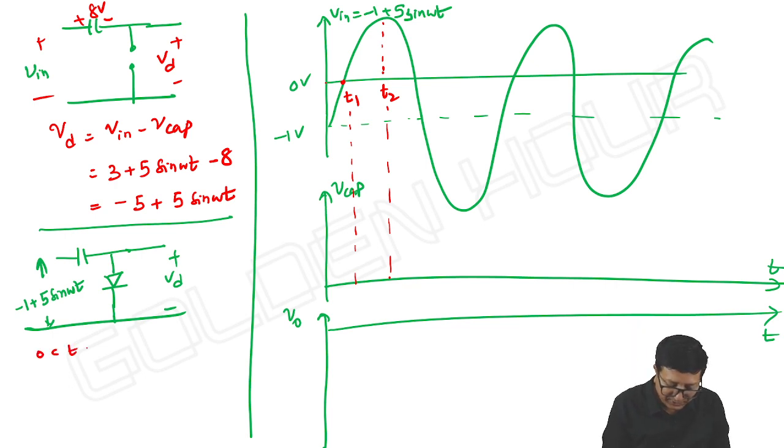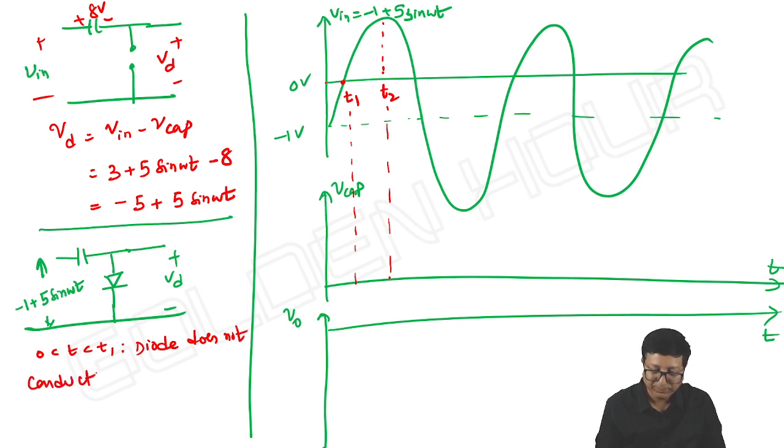So 0 less than t less than T1, diode does not conduct and acts as open circuit. And V capacitor is equal to 0. The capacitor can neither charge nor discharge. So here V capacitor is 0.